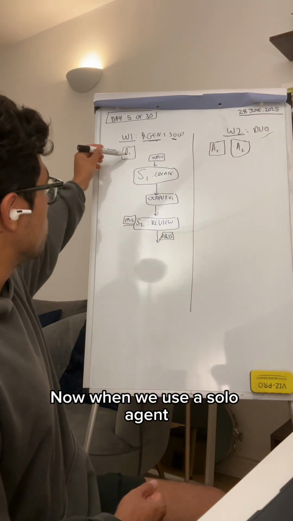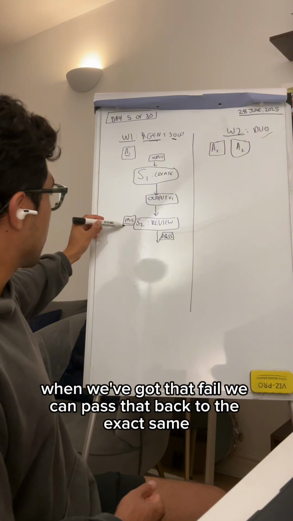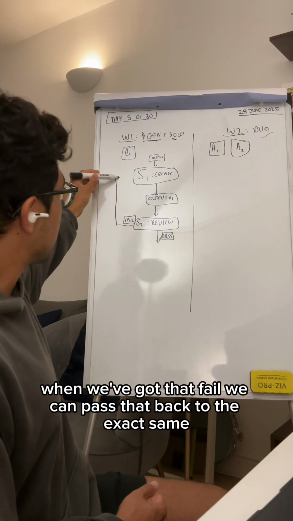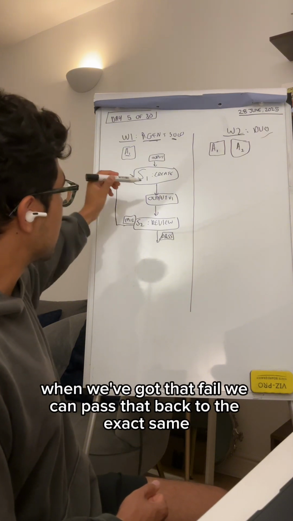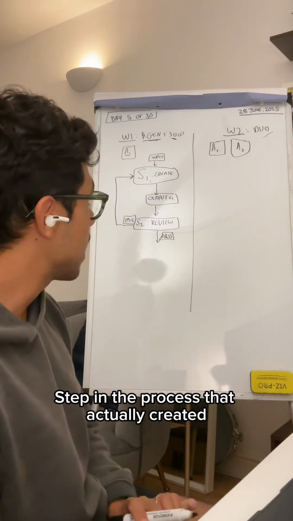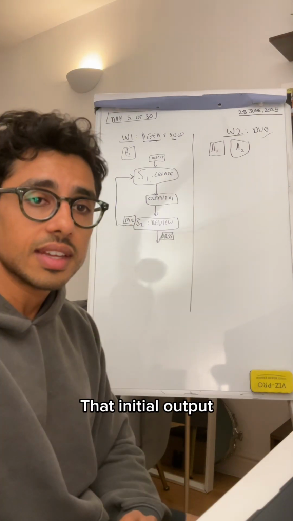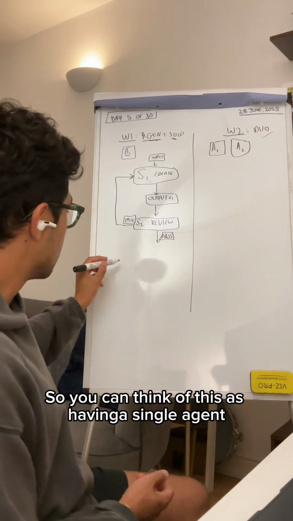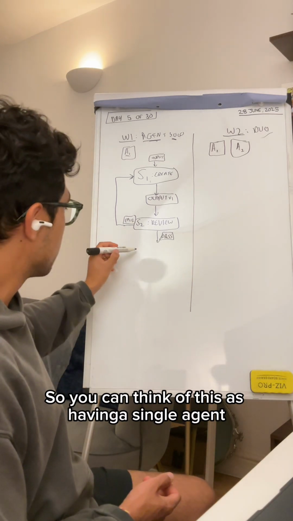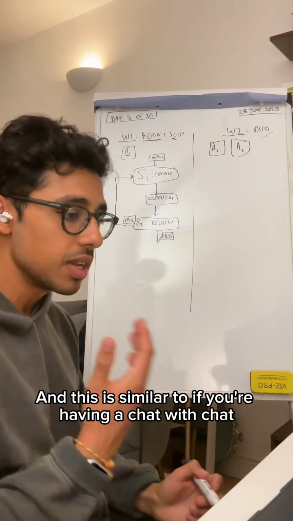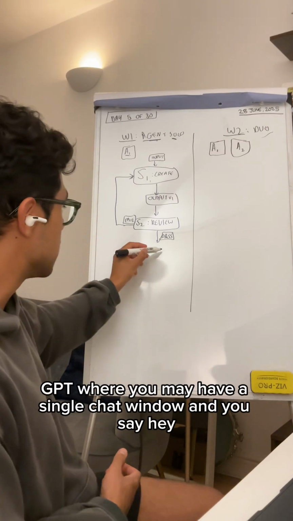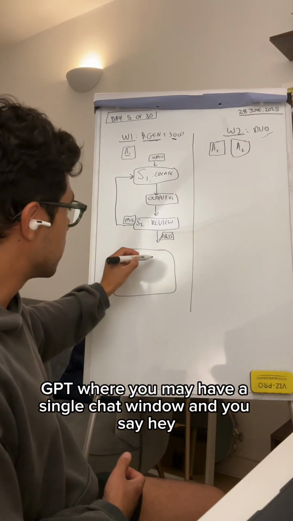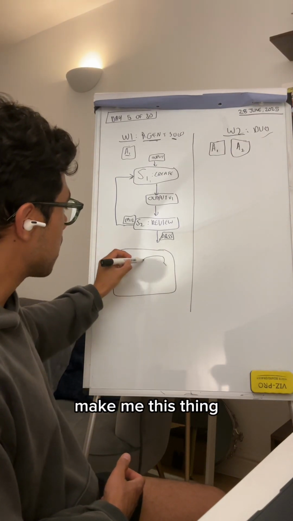Now, when we use a solo agent, when we've got that fail, we can pass that back to the exact same step in the process that actually created that initial output. So you can think of this as having a single agent, and this is similar to if you're having a chat with ChatGPT, where you may have a single chat window and you say, hey, make me this thing.